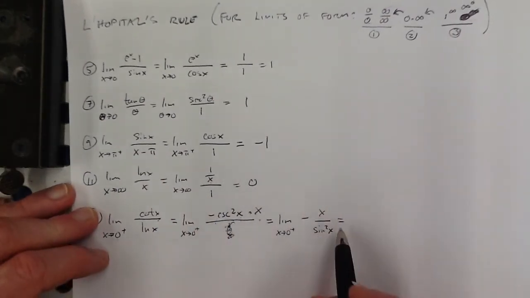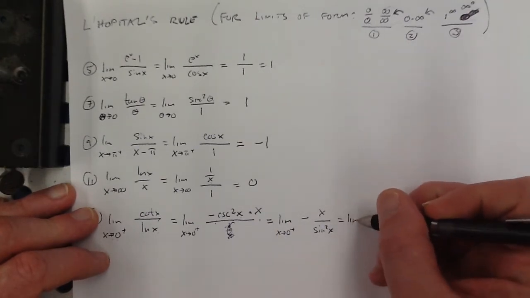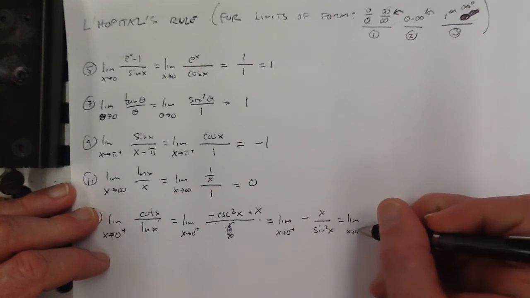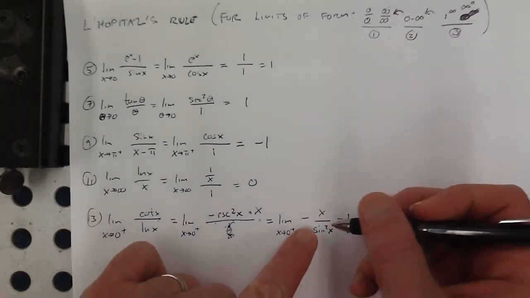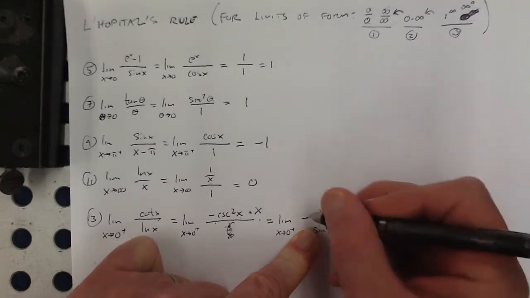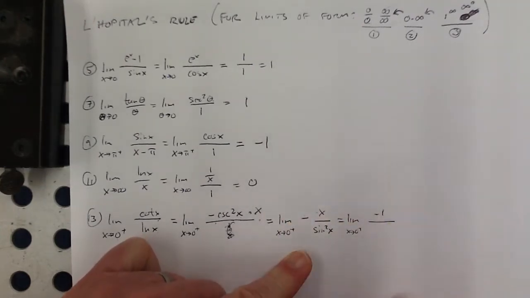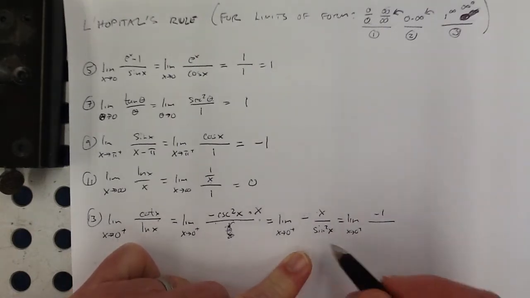So let's see what we can do. I'll just make that minus sign belong with this, so I'll say the derivative of the top is negative 1. That doesn't have any variables in it, so I'm definitely going to be done at this stage, whatever happens.